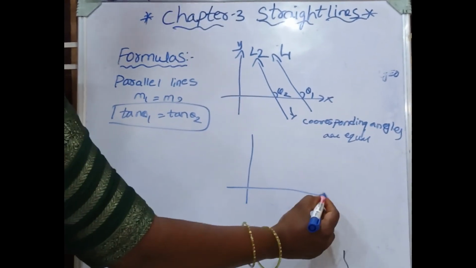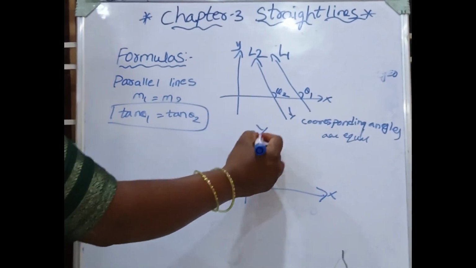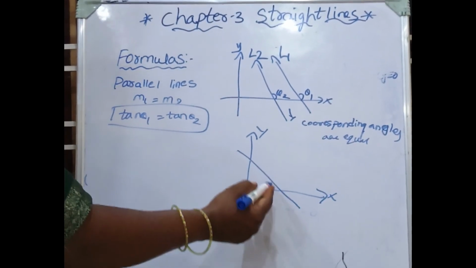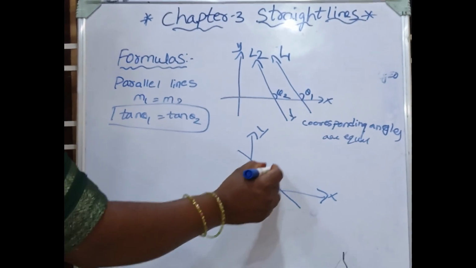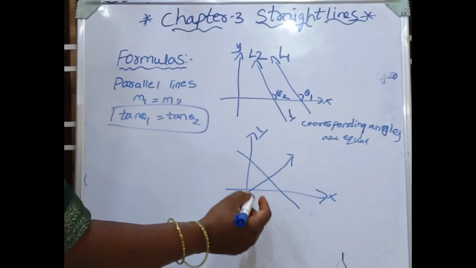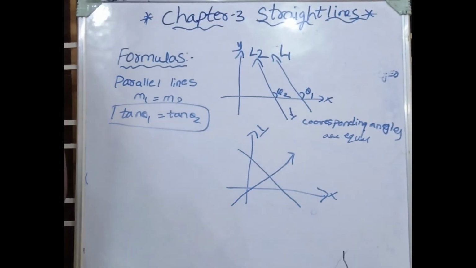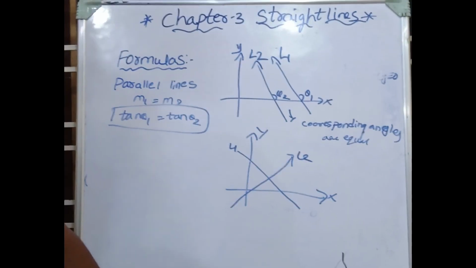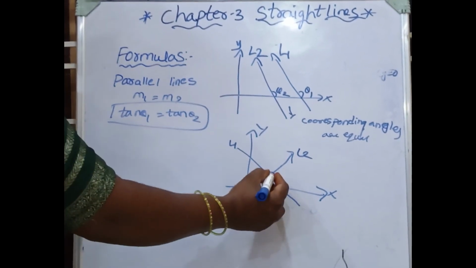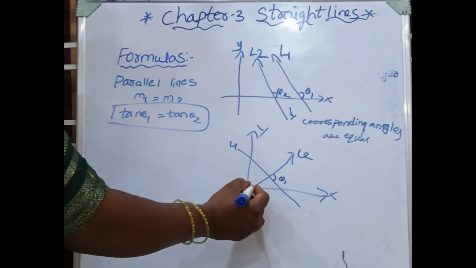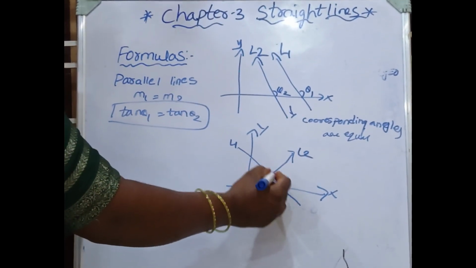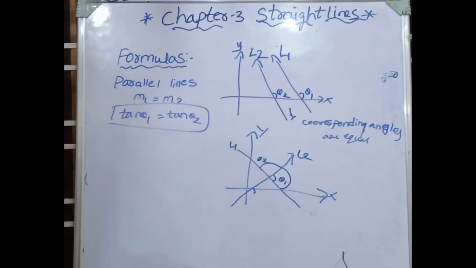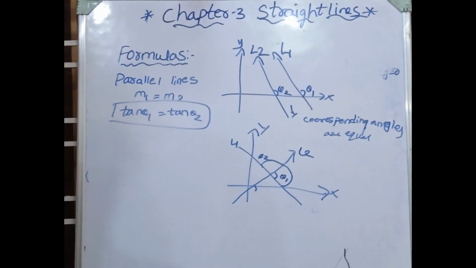Now consider the x-axis and y-axis with two perpendicular lines, L1 and L2. Theta 1 is considered, and the other line rotates anti-clockwise by theta 2.